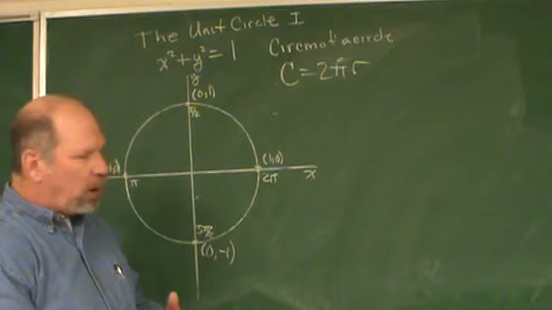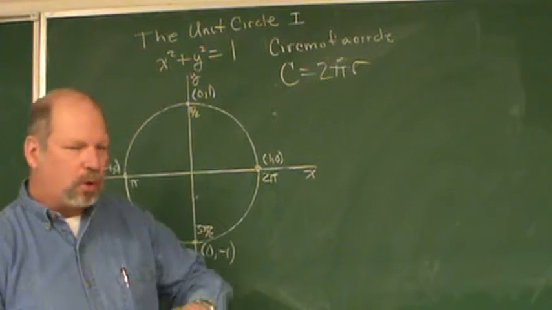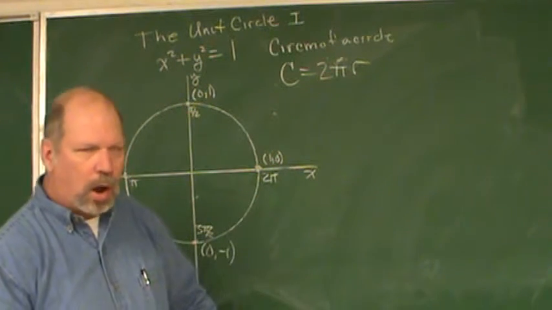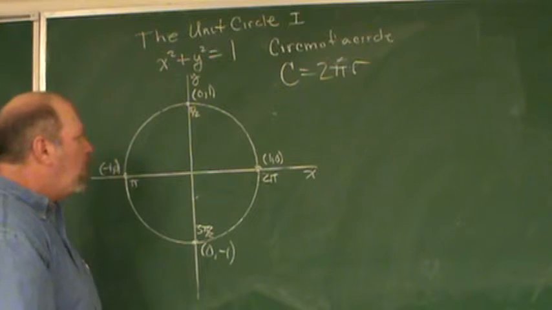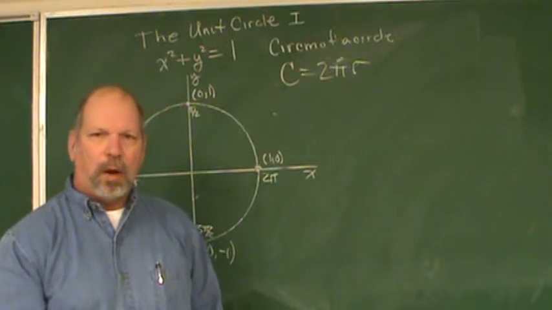Okay? Now, in this book, they talk about terminal points, and if t is a positive number, you're going to go in a counterclockwise direction. If t is a negative number, you go in a clockwise direction. So they might ask you, what is the terminal point of pi?